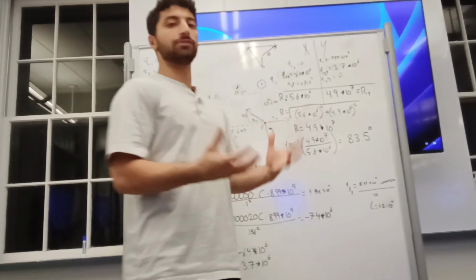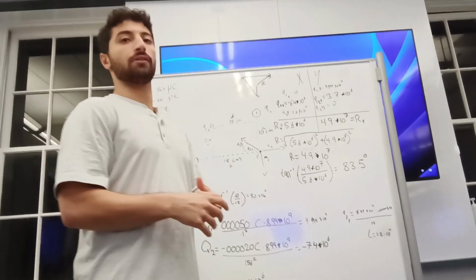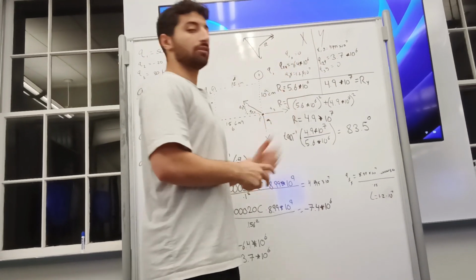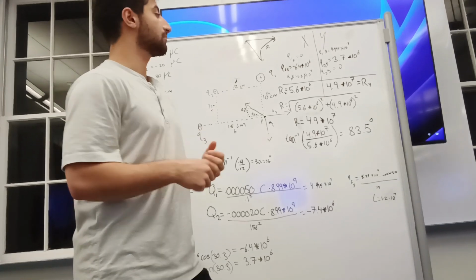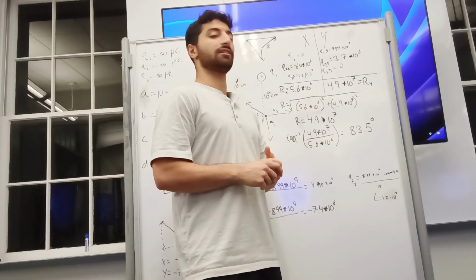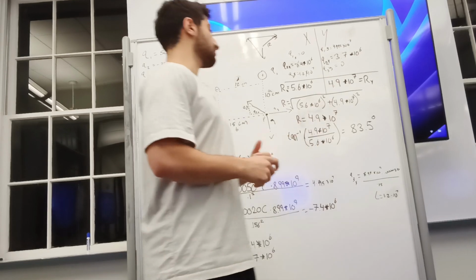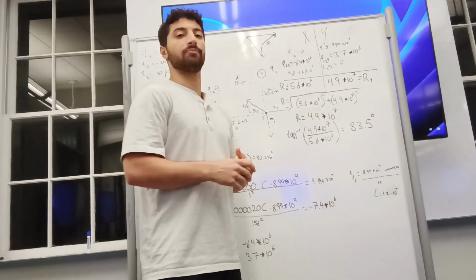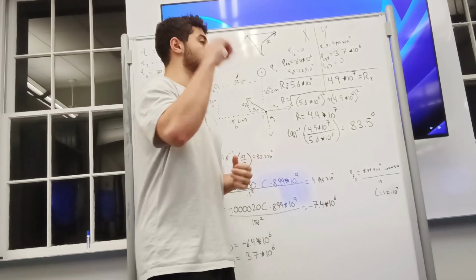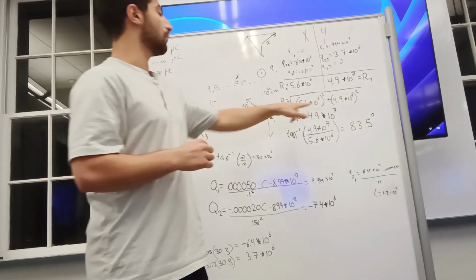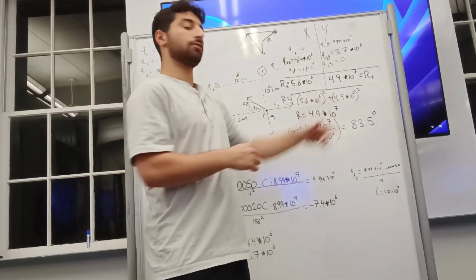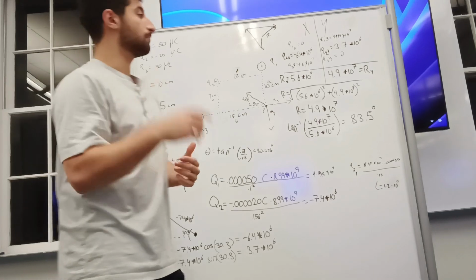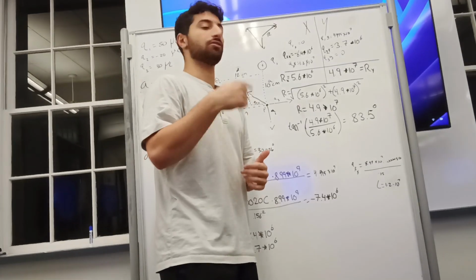Those are sort of our sums, and we can take those and find the hypotenuse of the R. Rx, after adding all these points together, you get 5.6 times 10 to the 6th, and for Ry, you get 4.9 times 10 to the 7th. To find your R, you want to do the square root of those two added to each other, squaring both of them, so it's 5.6 times 10 to the 6th squared plus 4.9 times 10 to the 7th squared.